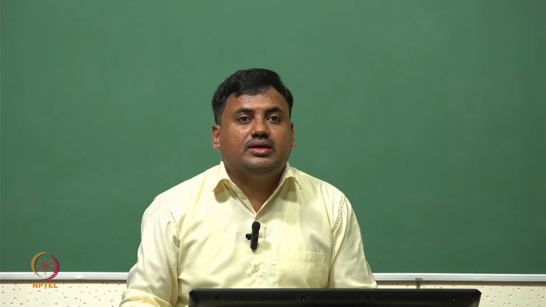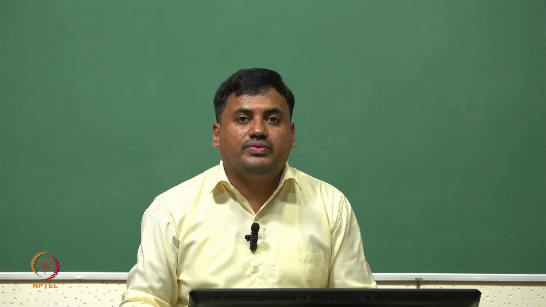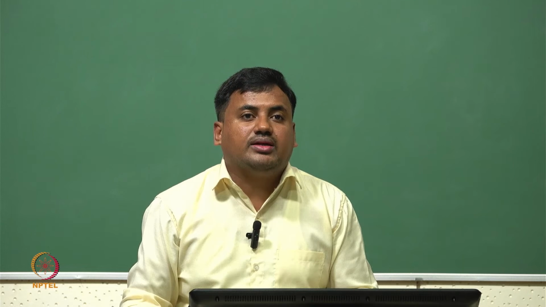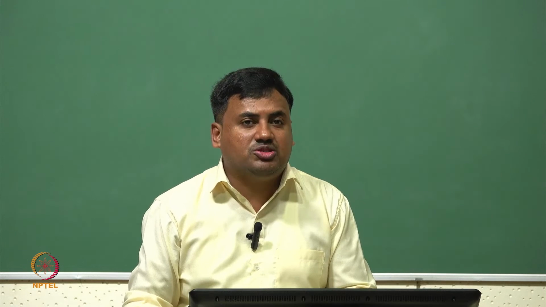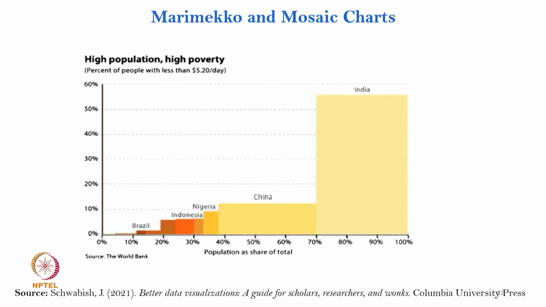It scales the width of the bars in a bar chart to correspond to another variable. The color can be used to highlight specific values. As you can see in the example, with high population and high poverty, you can see how it's been compared with different colors, summed up for the individual countries.